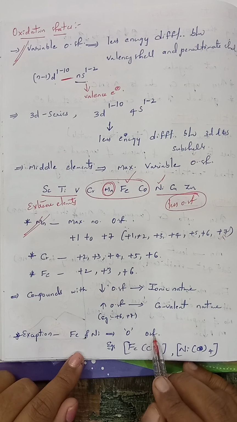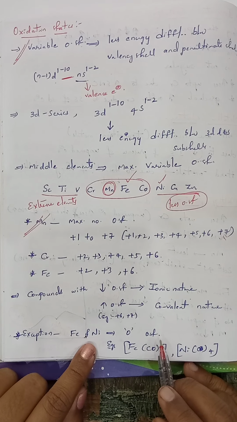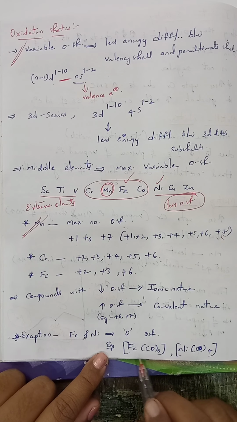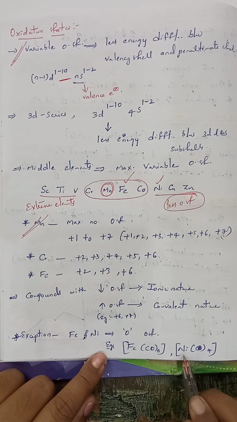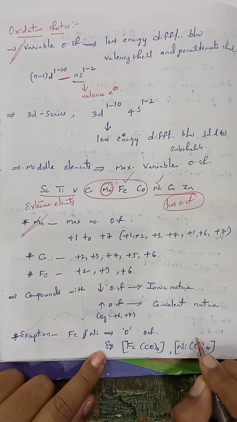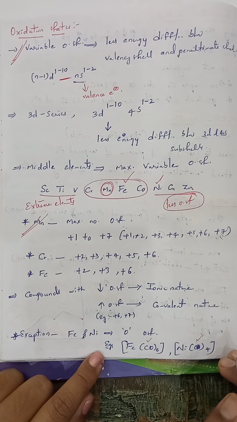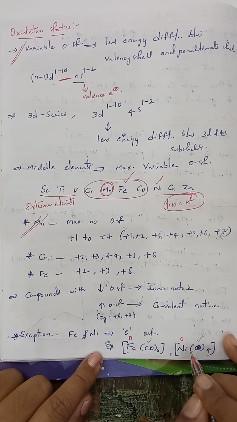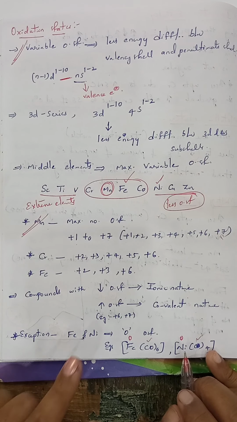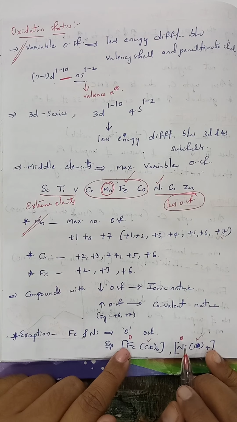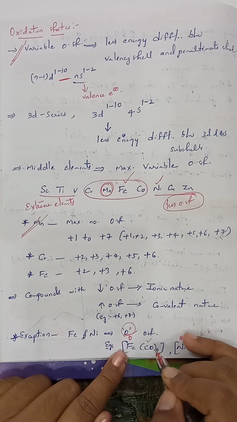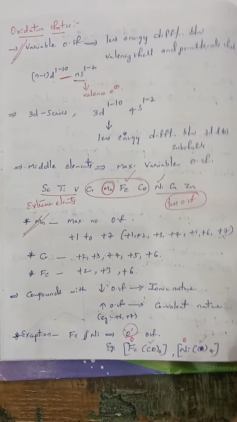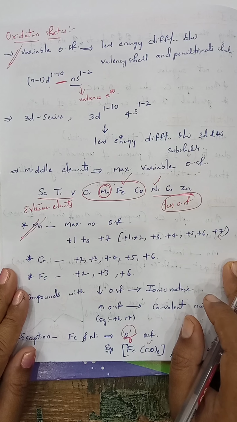For example, in carbonyl compounds, Fe(CO)4 and Ni(CO)4, here carbon monoxide or the carbonyl group is a neutral ligand, so the oxidation state of nickel and iron is said to be 0. That means iron and nickel can even show the zero oxidation state along with the other oxidation states. So that is about a few important general properties of the 3d series.